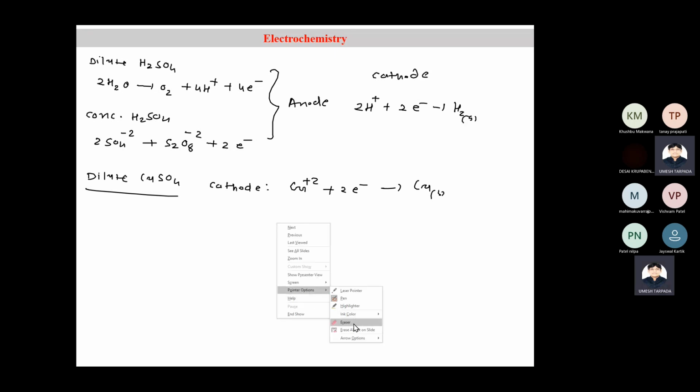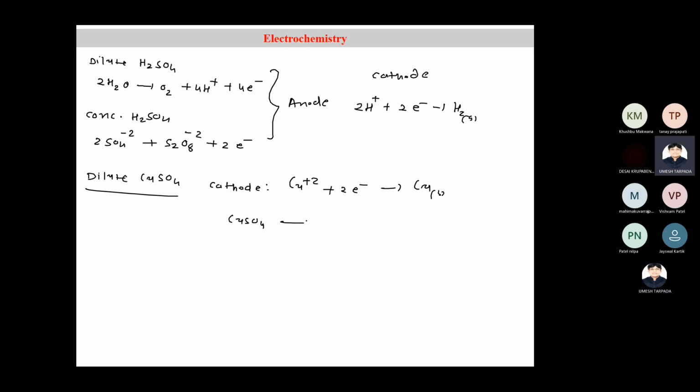But at anode, it's difficult to oxidize SO4 minus 2, because in the presence of water, what happens? CuSO4 may undergo hydrolysis to give Cu plus 2 plus SO4 minus 2.